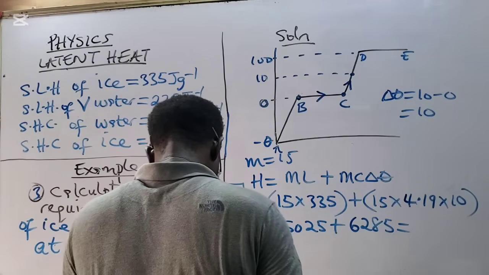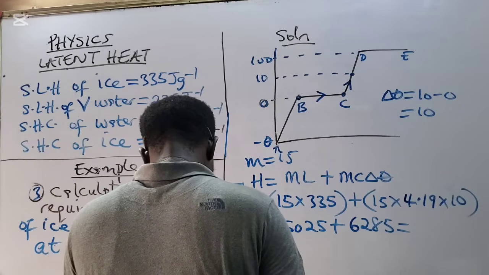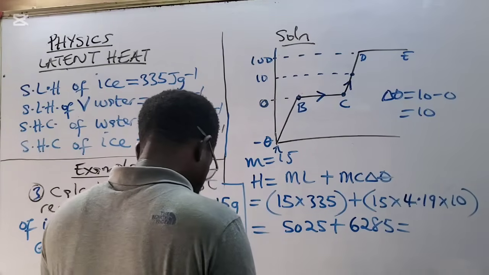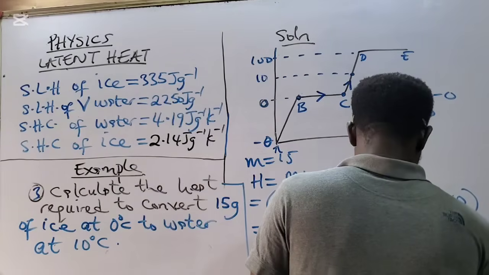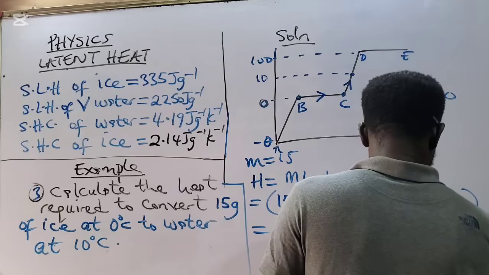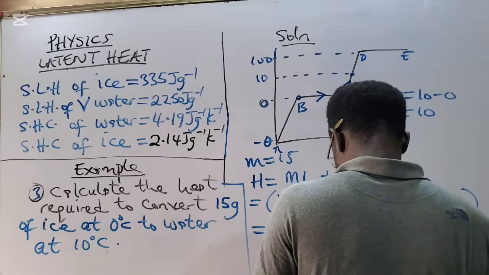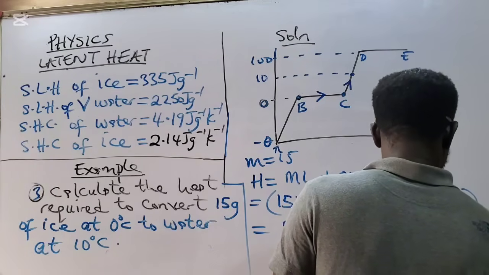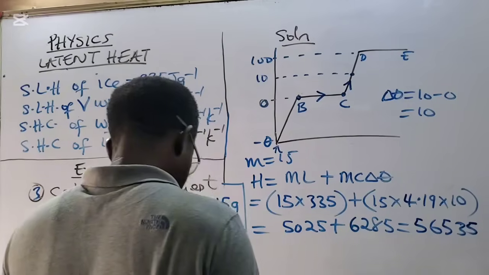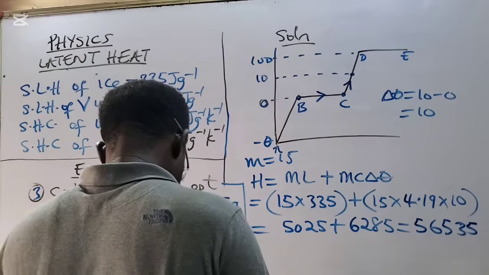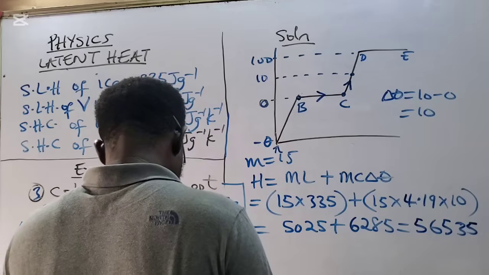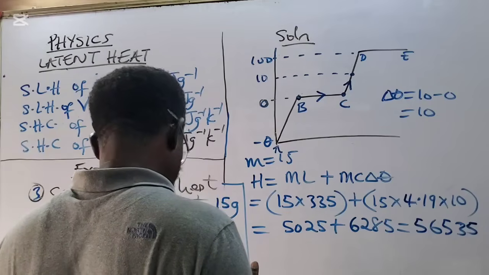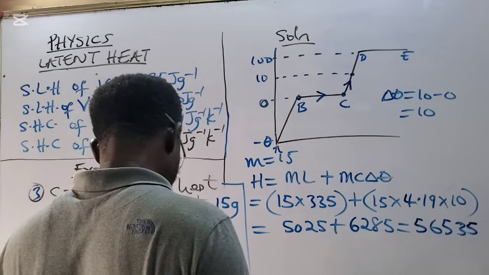When you add up, that's 5025 plus 628. Okay, that will be 11,310.